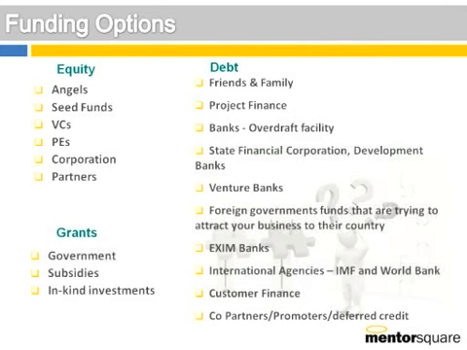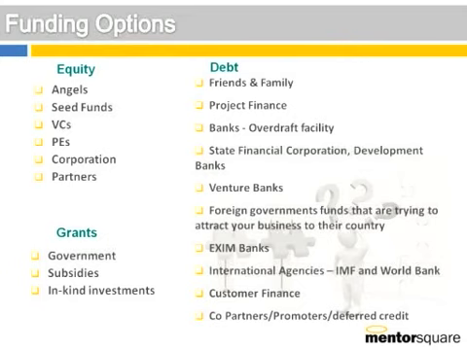So a lot of people like that, and there are lots of agencies that are willing to work in that area. Now, wherever neither equity nor debt is willing to take a chance, the government steps in, and they are willing to, through some agency or the other, provide grants and subsidies and in-kind investments.